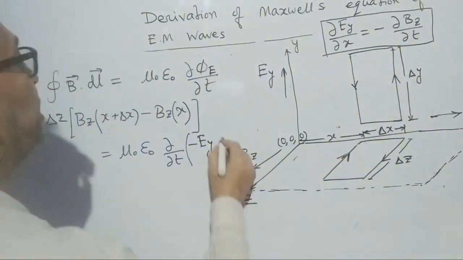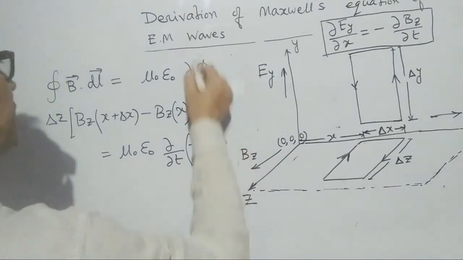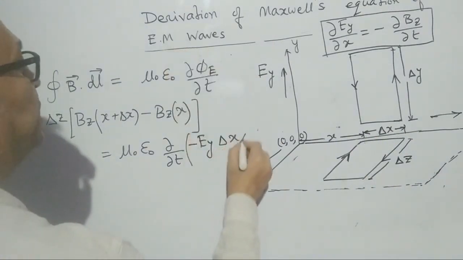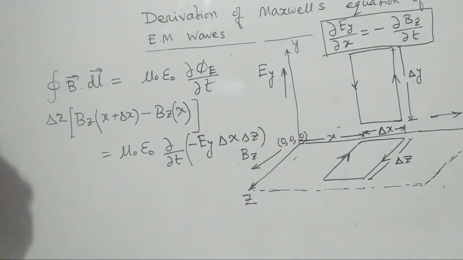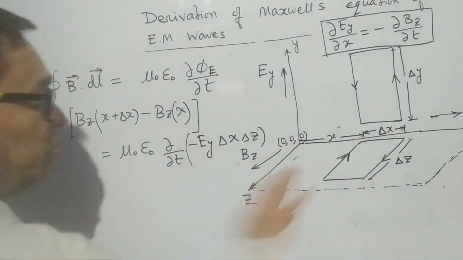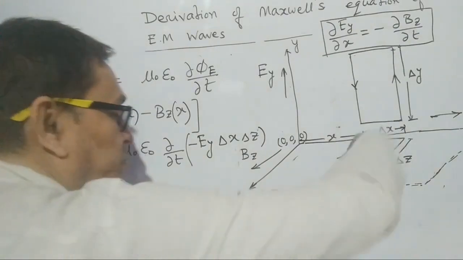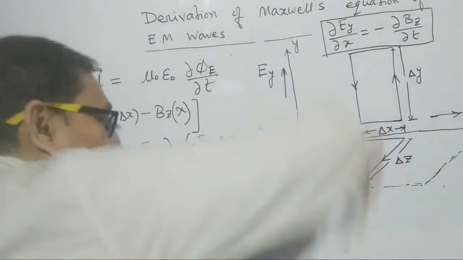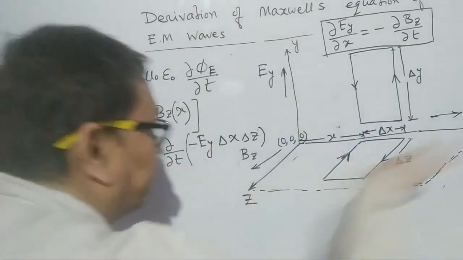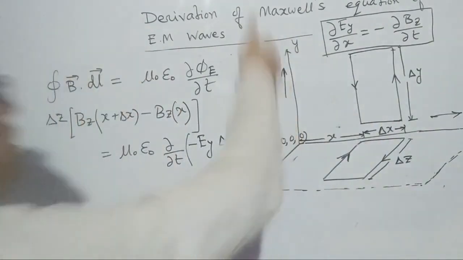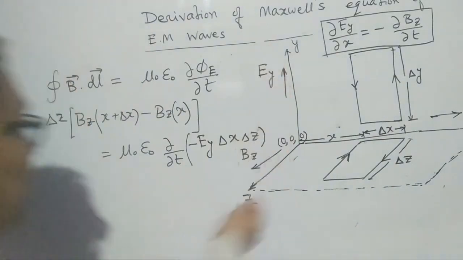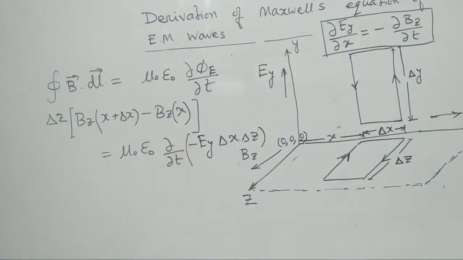So area will be delta x into delta z, because it is electric flux. And why we have taken this minus Ey? Because for this loop, the electric field will be downside of this xz plane, that is towards minus y. But we have actually considered Ey along plus y direction. So that's why we have taken here a minus sign.